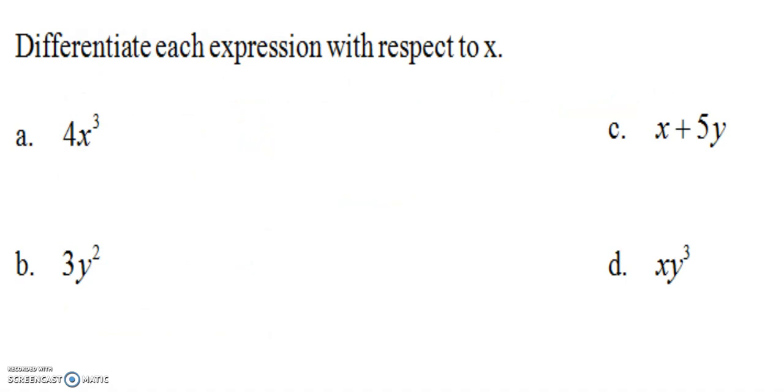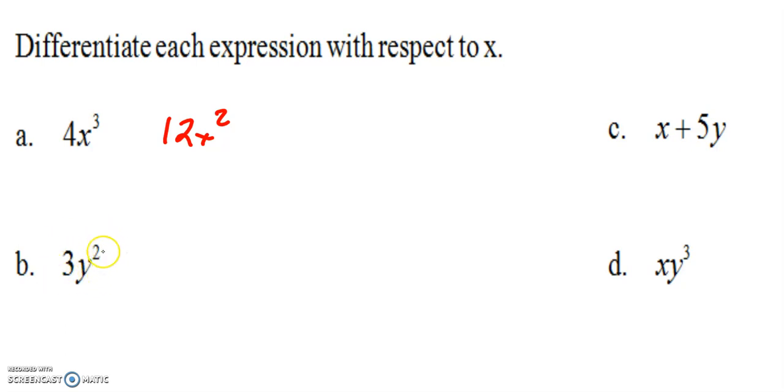Let's go ahead and do a few problems where we want to differentiate each expression with respect to x. In the first case, we have 4x to the third, so we're just going to do the power rule: 4 times 3, 12, times x squared. Going down to b, this one does not have x in it, it has y in it, so we're essentially doing the chain rule.